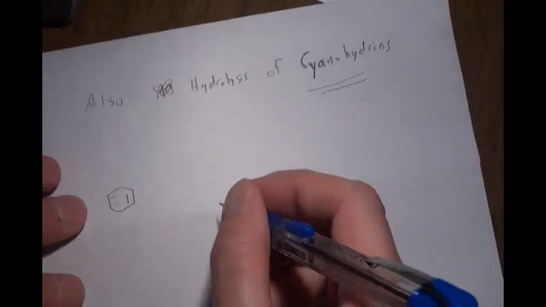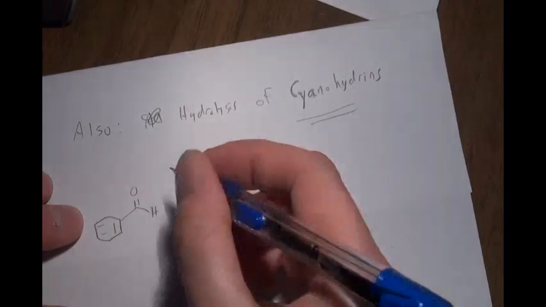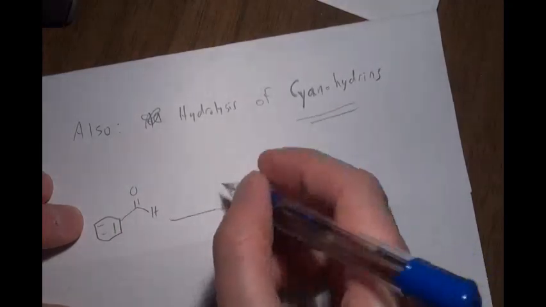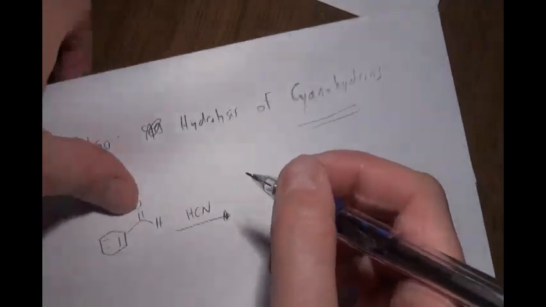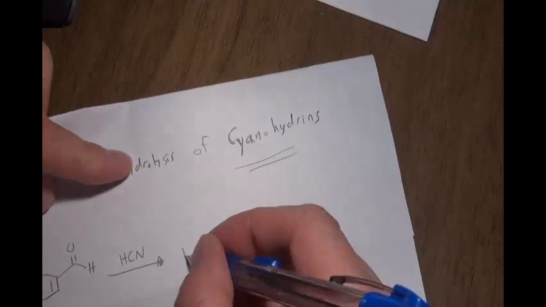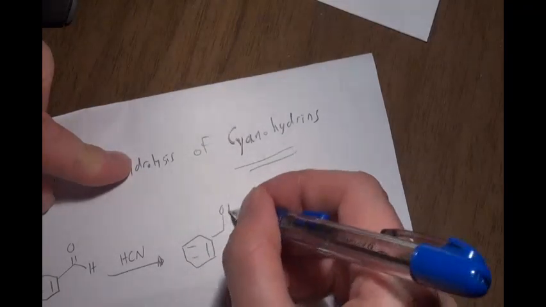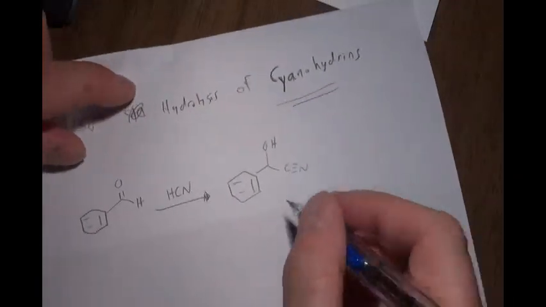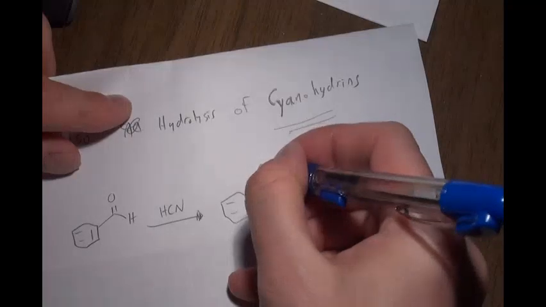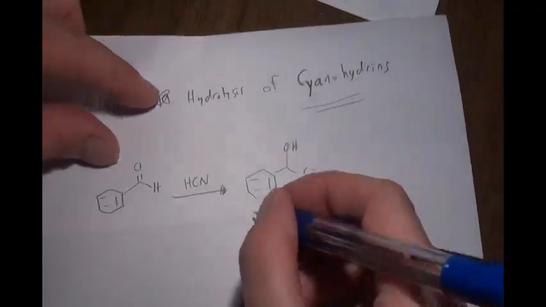Two chapters ago, maybe two chapters ago, yeah. Let's just show an example. If I react this aldehyde with HCN, you make this kind of alcohol-looking thing, almost looks like a Grignard product or something, called a cyanohydrin.